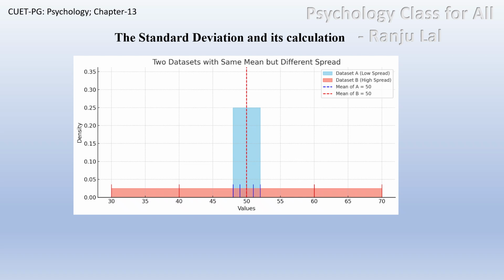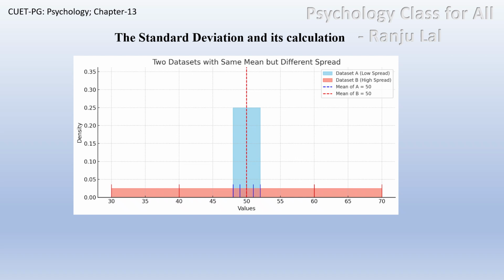Let's learn how. Here is the image comparing two datasets. Dataset 1, that has low spread, that is in blue color, has values tightly clustered around its mean, that is 50, leading to a narrow distribution.